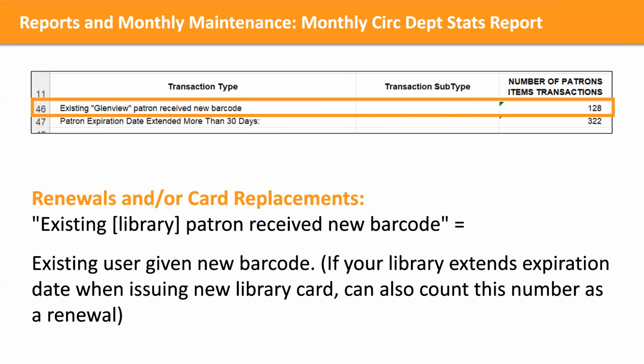In that case, you will add up both numbers to get a renewal count for the last month. If your library does not extend dates when issuing a replacement card, this number is going to show you only how many card replacements you've done in the past month.